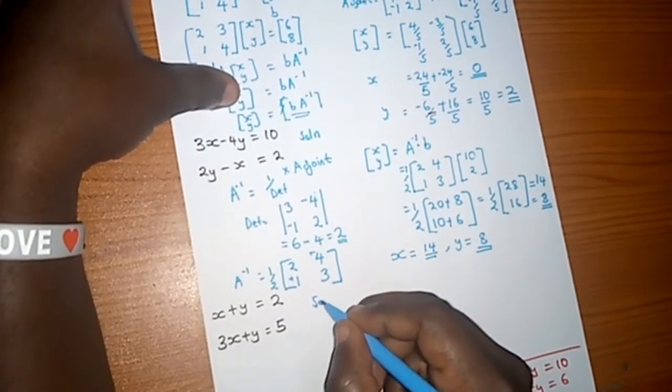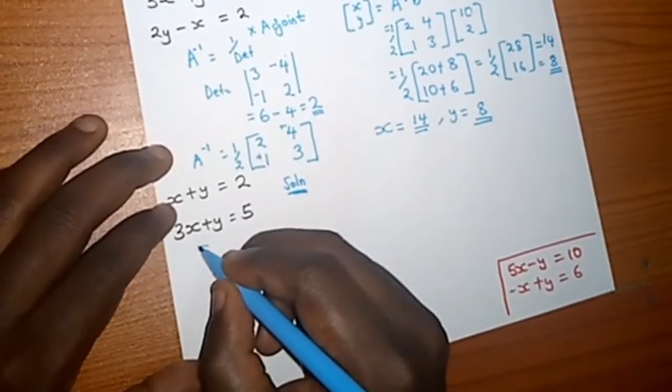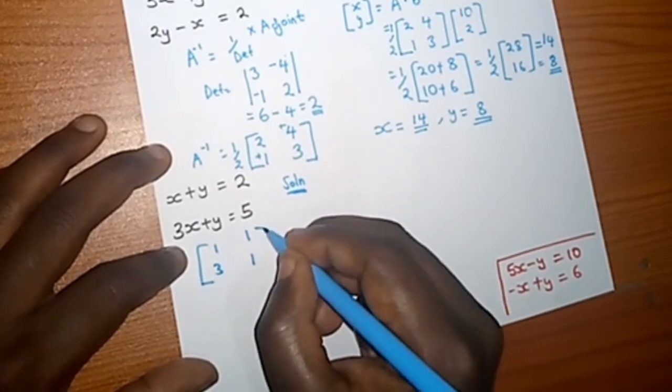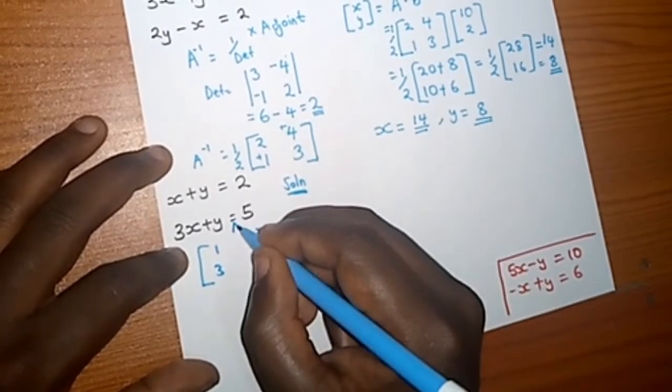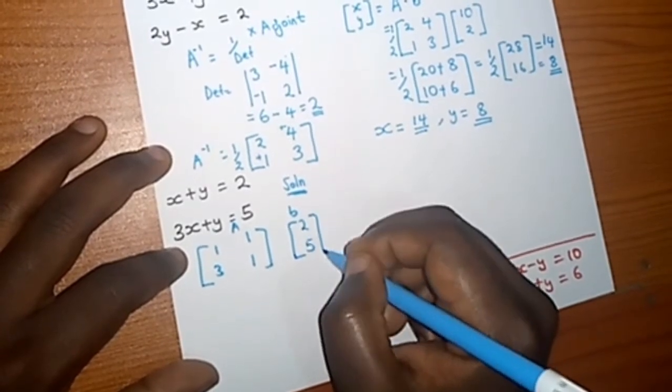So if we look at the third solution, this part here, you first write the matrix, which is 1, 1, 1, 3, 1. This is my matrix A. Then my matrix B is 2 and 5.